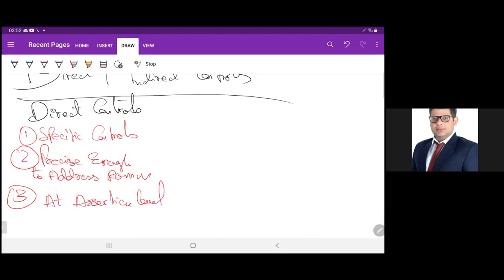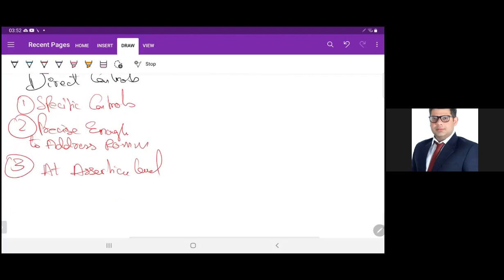Okay. For example, performing a monthly reconciliation of the bank account, which is reviewed and all differences are resolved. This is an example of direct control as it ensures the existence and accuracy of the asset bank at the period end.